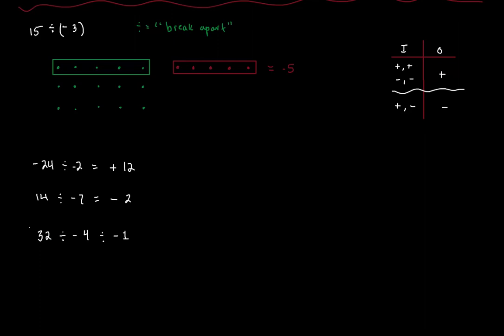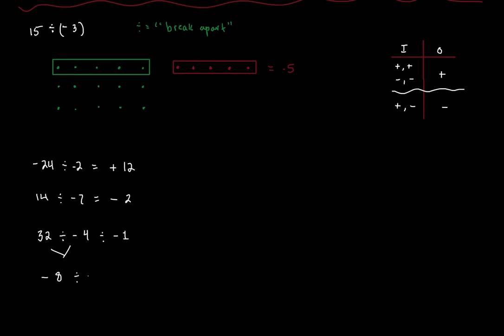So assuming that you've done this, let's start with our 32 and our negative 4. Thinking about the signs, we know that we have 2 different signs, so our answer is going to be negative no matter what. And if we divide 32 by 4, we get 8. So 32 divided by negative 4 gives us negative 8.